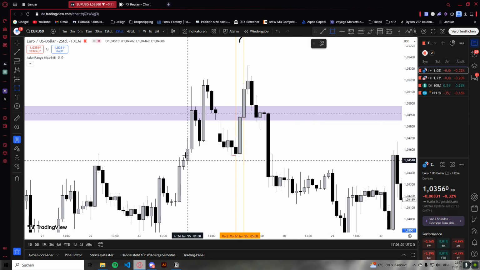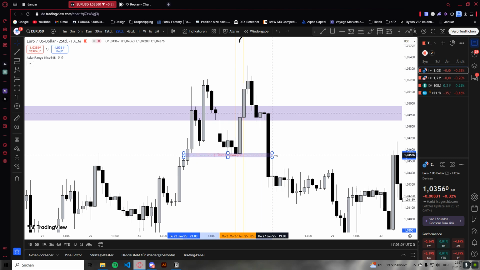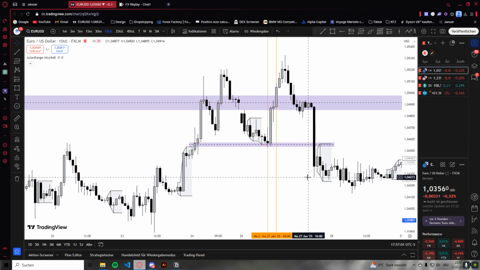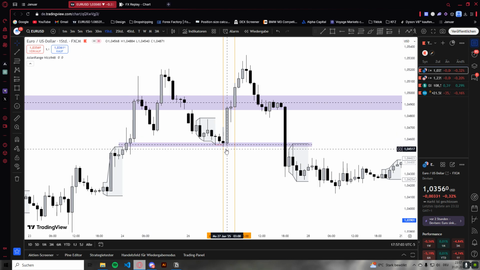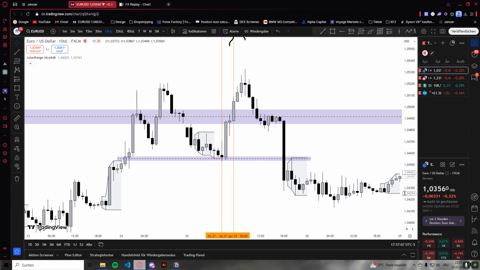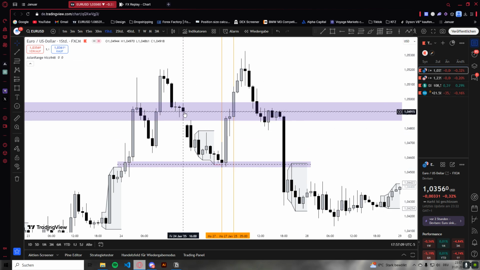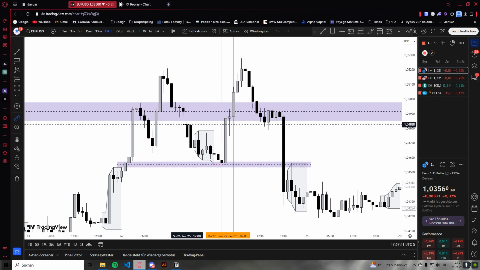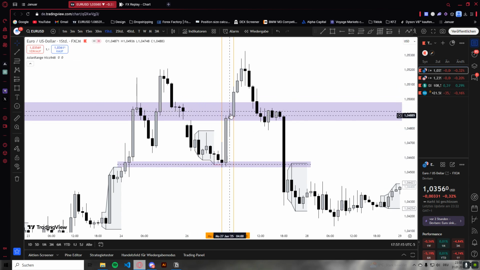We can mark this one out. Perfectly respected, as you can see. That's it. We have a PD array, we have sell side liquidity, and we have confirmation that this is a magnet for the price because the range isn't that big. It's just 10 pips, so the price will fill it fully. That was my aim and my target.